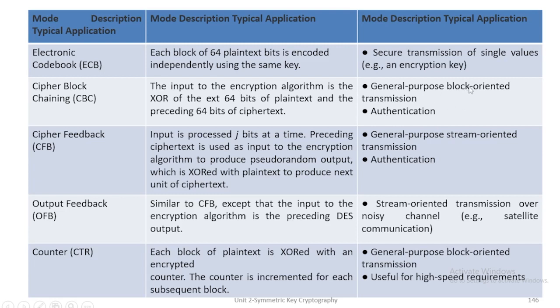Instead of block-oriented, if we need a stream-oriented mode, then the CFB method is the best one. If any transmission is done through satellite communication, we may choose the output feedback method for encryption. For high-speed requirements, the counter method is the best one. So depending upon the requirements of the application, we may select any one of these 5 modes of operation.